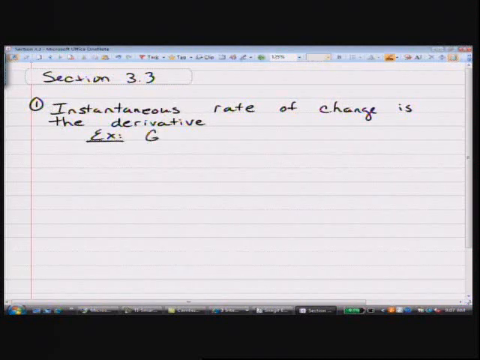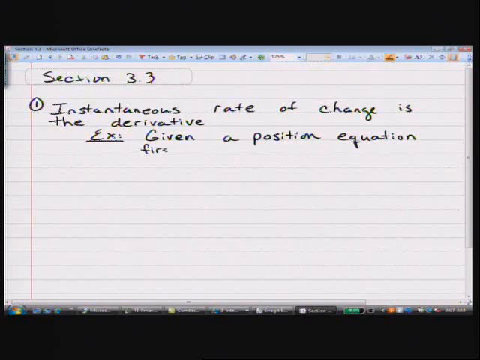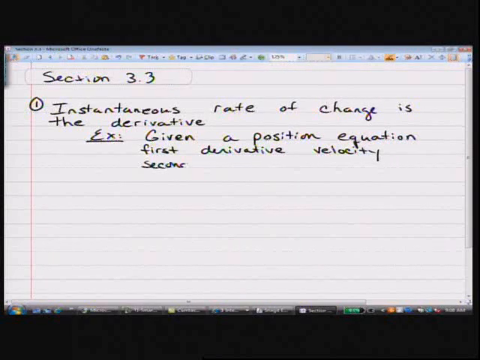If you are given a position equation, so where you are at a given time t, the first derivative is velocity. The second derivative is acceleration.